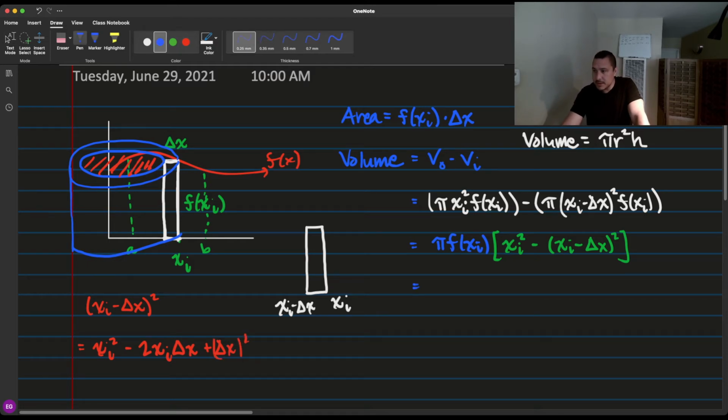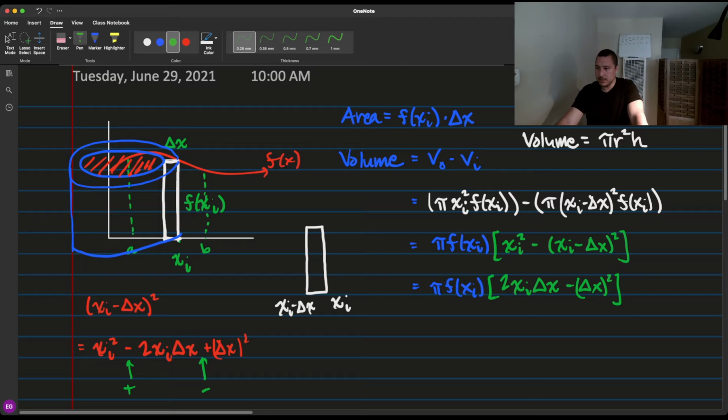As we multiply this through, we're going to get pi f of xi times, now the xi squareds are going to cancel, and when you distribute that minus, this minus will become plus, and this plus will become minus, which will leave us with 2 xi delta x minus delta x quantity squared.